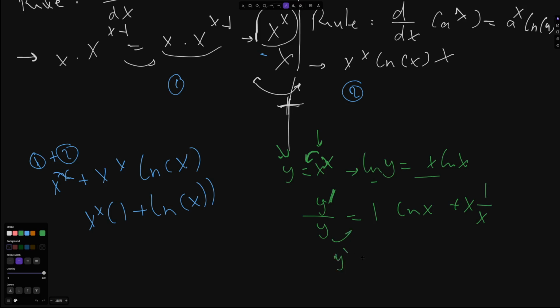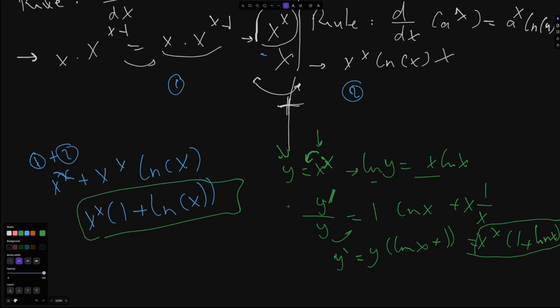So y dash equals y times (ln x plus 1), which equals x power x times (1 plus ln of x). This is identical to our answer. So we have proved that the sum of these two methods gives the answer.